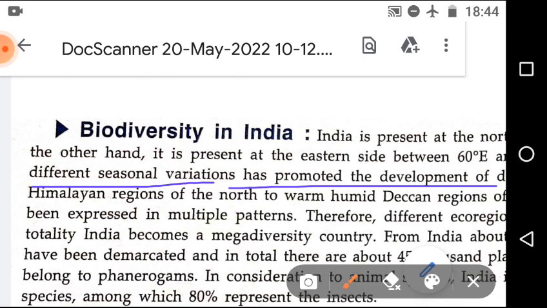Along with these, there are various types of climatic conditions and seasonal variation. Due to these two reasons, the geographical features, the landforms of India, and the different climatic conditions, different types of life exist in this country.